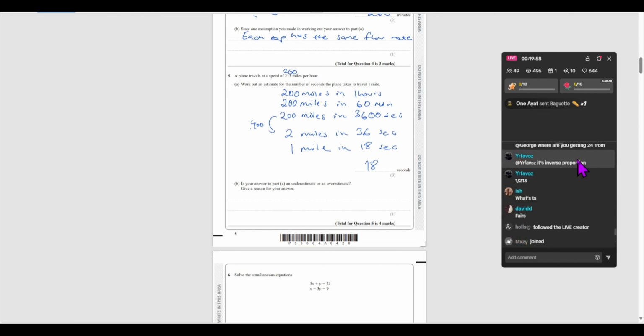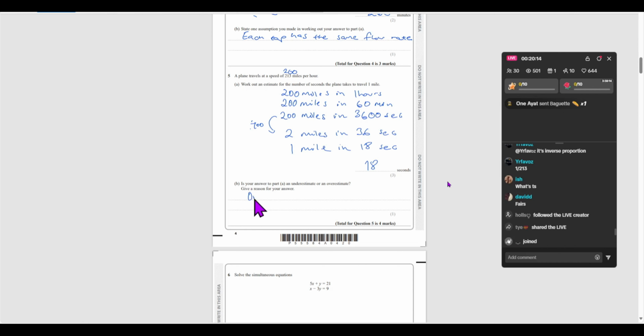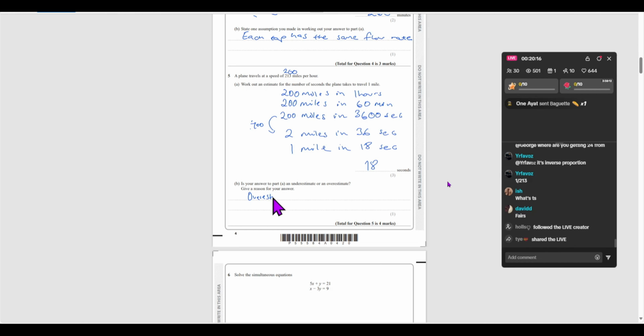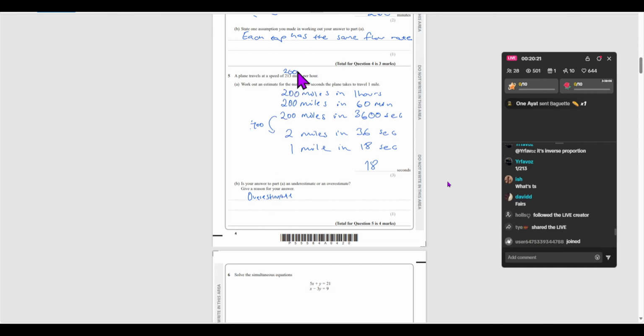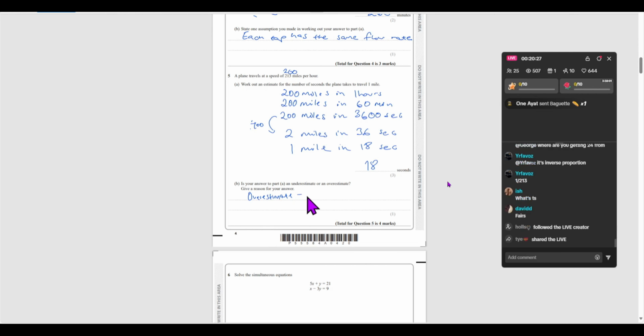Now, is your answer to part A an underestimate or an overestimate? It's going to be an overestimate because the distance we rounded down over here, so it's going to be an overestimate, okay? We rounded the distance down.